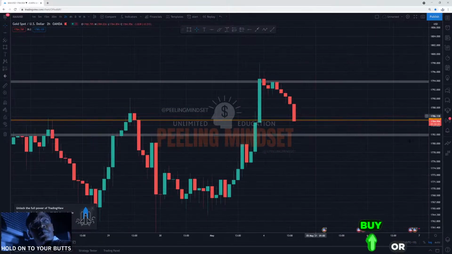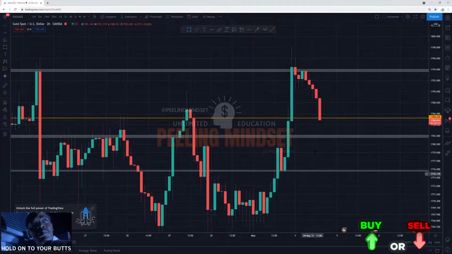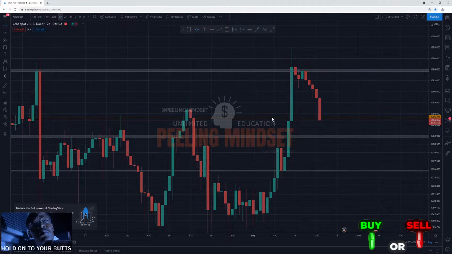Looking at the 2-hour candle, it has 1 hour and 32 minutes left for it to close. The candles are heading down. If it's heading down, the possible target could be right here. This could be a possible target right there. Let's just see.